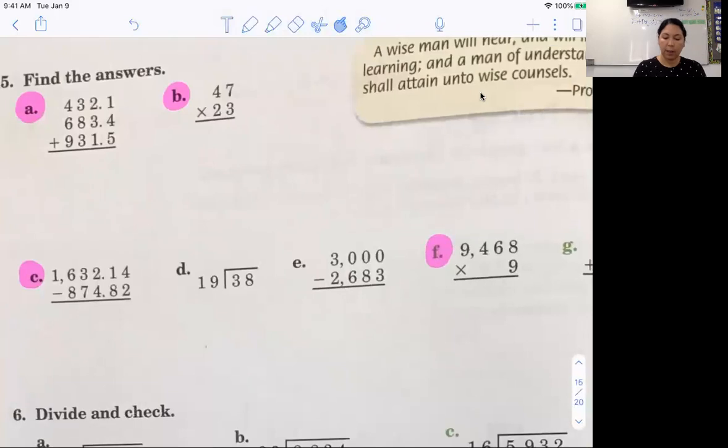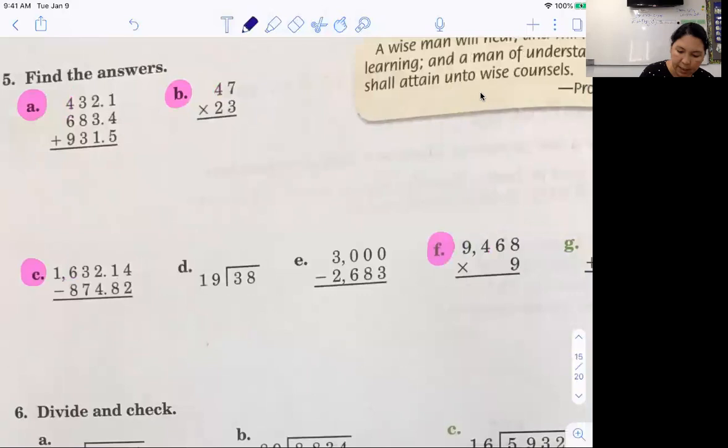These 4, A, B, C, and F. All right, so go ahead, pause the video and do those 4 right now. Make sure you put the decimals in because decimals count. So on letter A and letter C, it's decimals. Make sure you have a decimal in your answer.